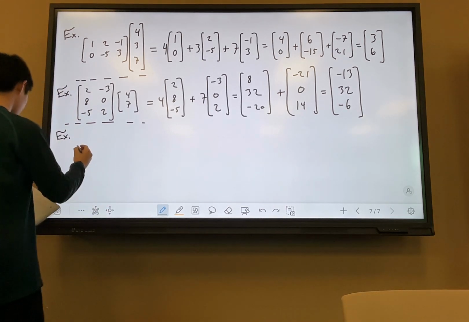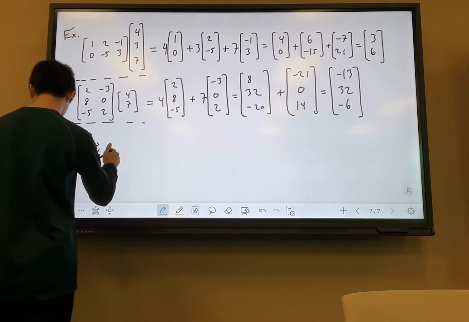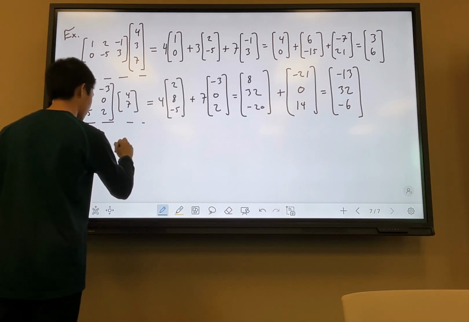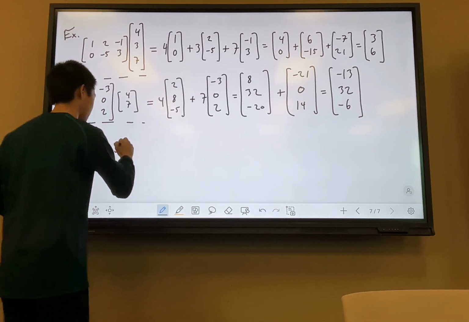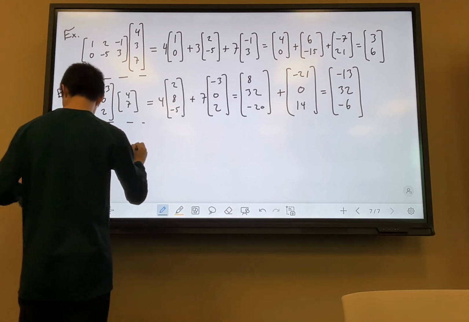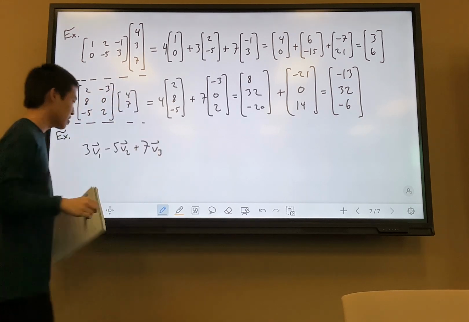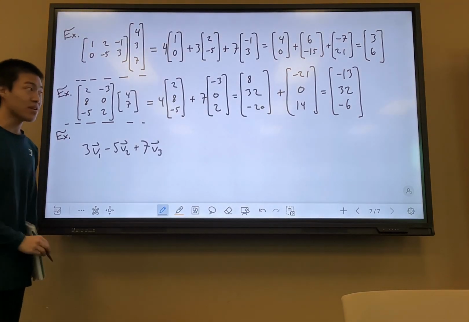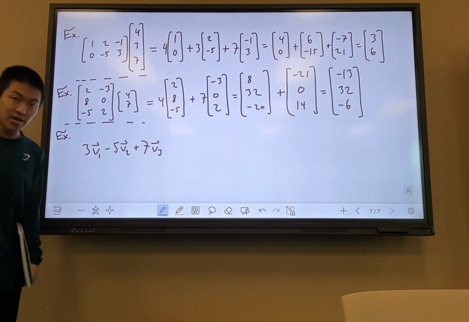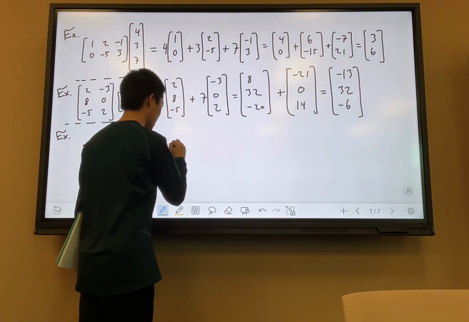If I have a linear combination of some vectors, so like maybe 3v1 minus 5v2 plus 7v3, we can express any linear combination of vectors as a matrix times a vector. So what would the matrix be in this case?